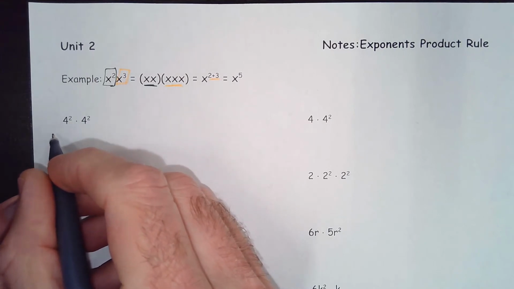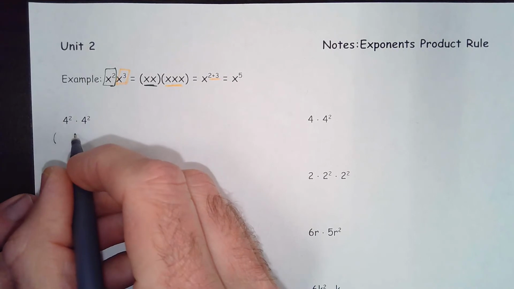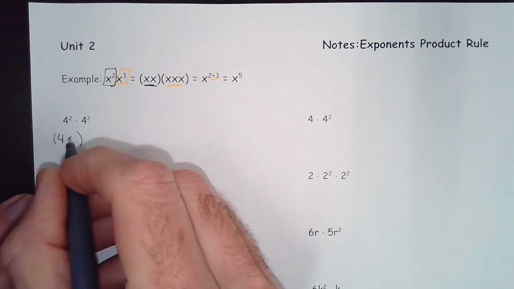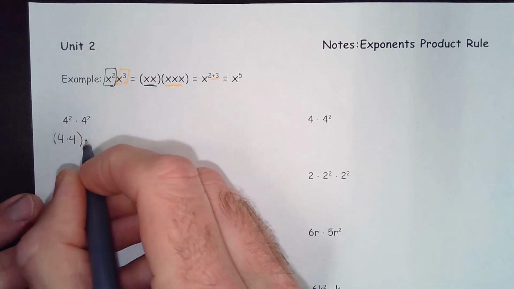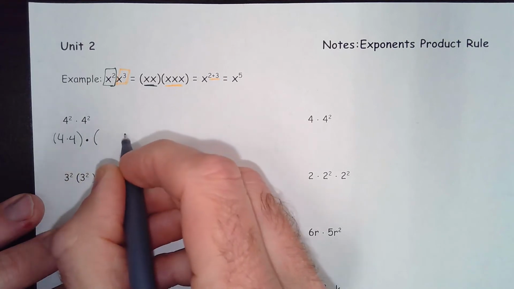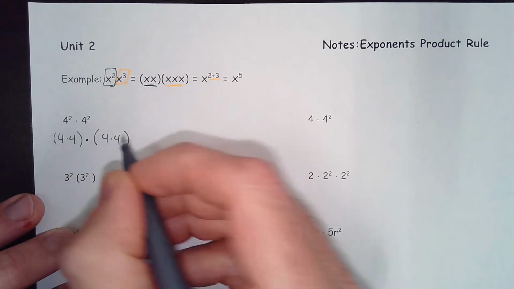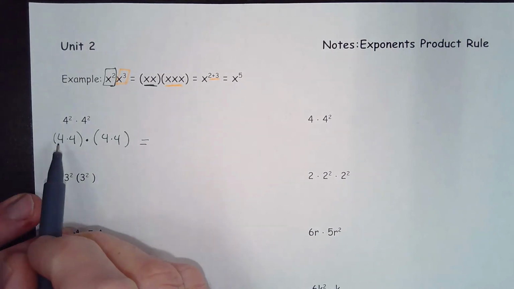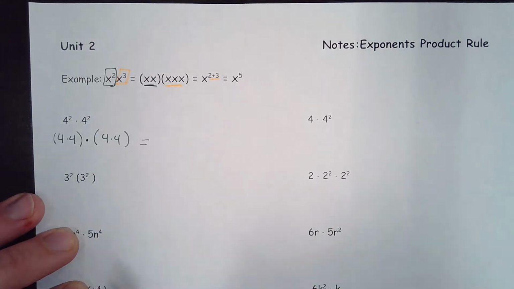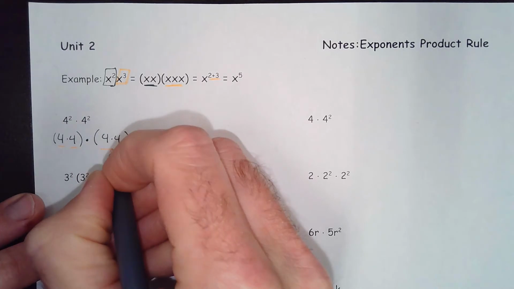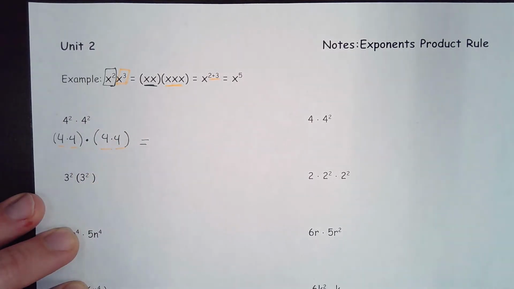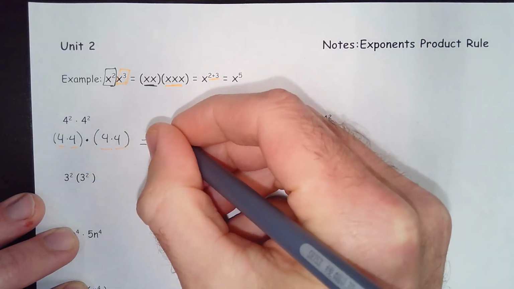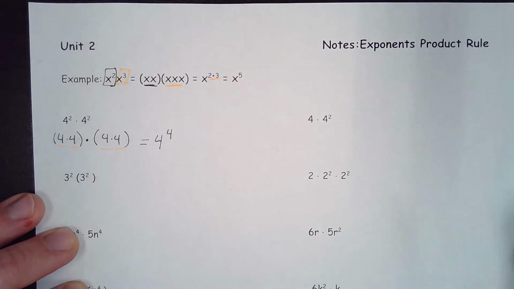So 4 squared is equal to 4 times 4, and 4 squared is equal to 4 times 4. Then if I want to put this back in exponent form, I count 1, 2, 3, 4 fours, so this will become 4 to the fourth power.